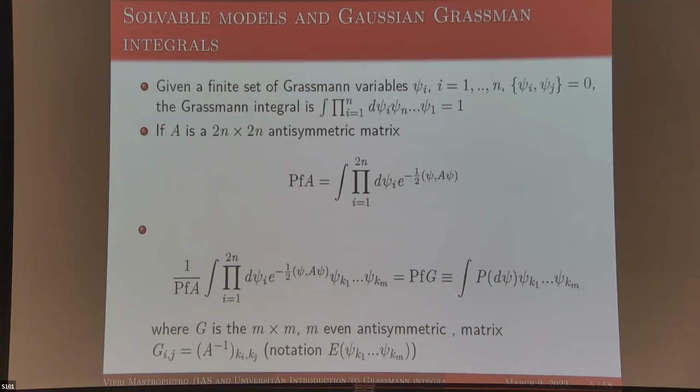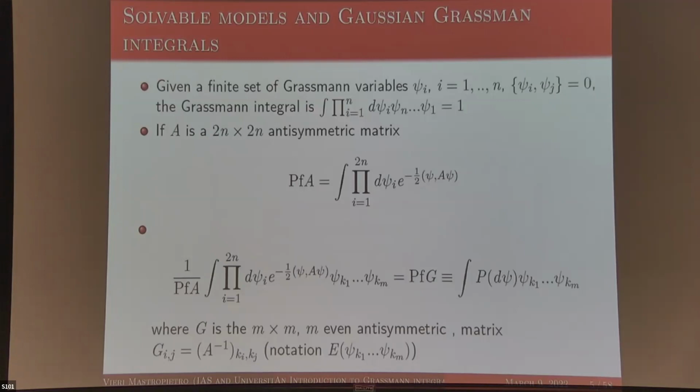This would be that. Because you expand the function, and then the only case in which it survives is psi 1, psi 2. Just the top form you keep. It's like differential forms, isn't it? And then you just keep the top form.